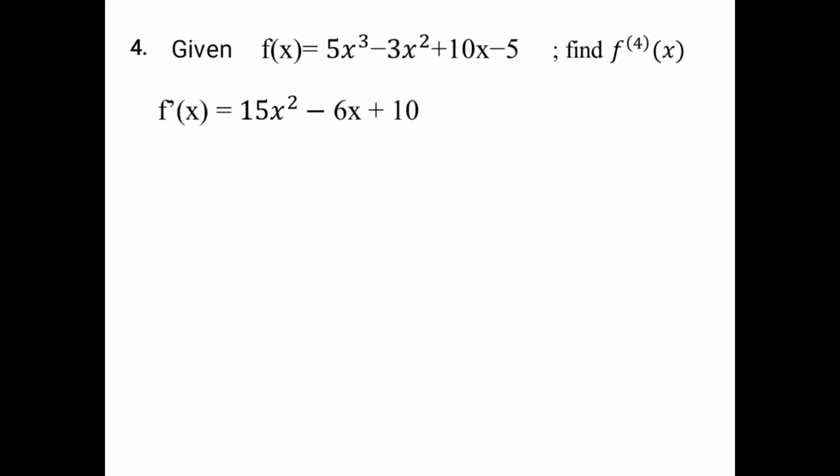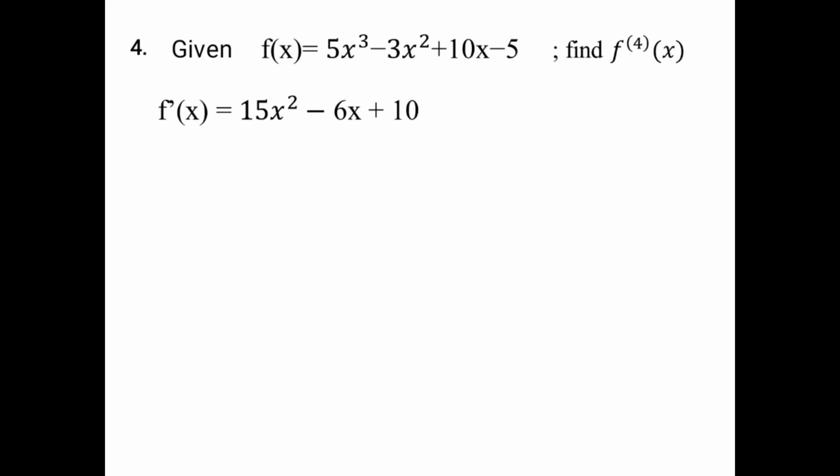And then since we have 10x here, the derivative for 10x will be 10. Since we only have 1 as our exponent, multiply to 10, we have 10. And then subtract 1 from that exponent 1, then we don't have any exponent at all.